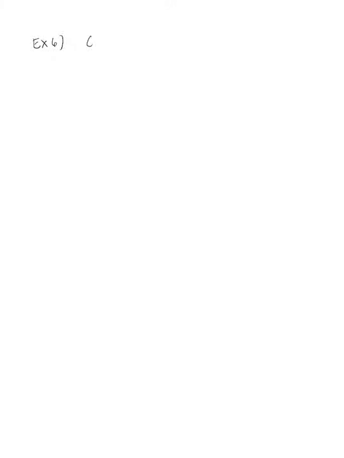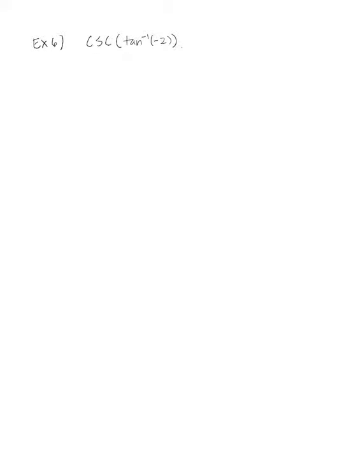Okay, so let's go with something different. Cosecant of tan inverse of negative 2. Please pause the video and try this problem on your own. Okay, I'm just going to keep going here pretending that you paused it.